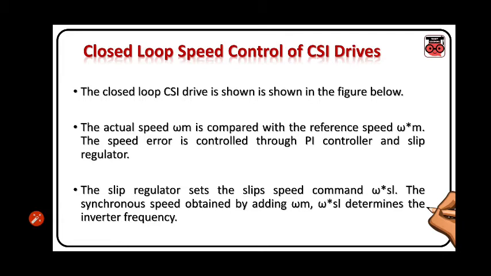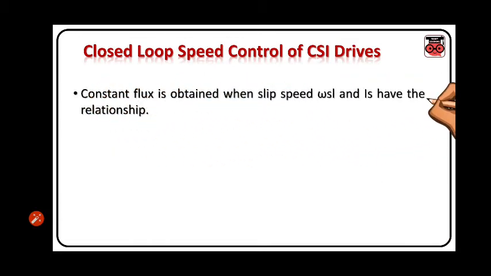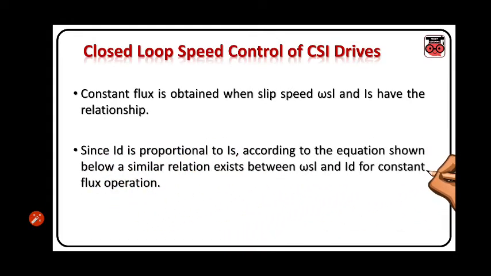The synchronous speed, obtained by adding omega m and omega star SL, determines the inverter frequency. Constant flux is obtained when the slip speed omega SL and LS have a certain relationship. Since ID is proportional to IS according to the equation shown below, a similar relation exists between omega SL and ID for constant flux operation.